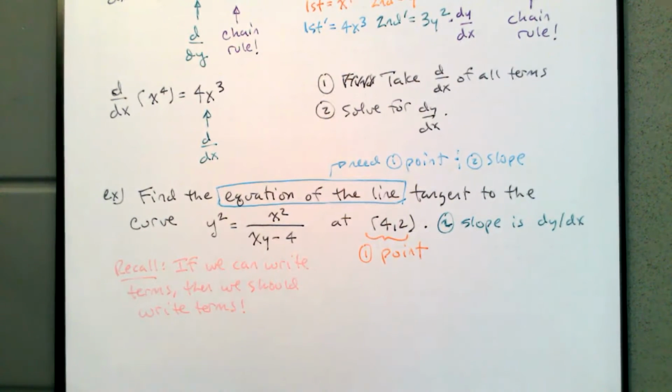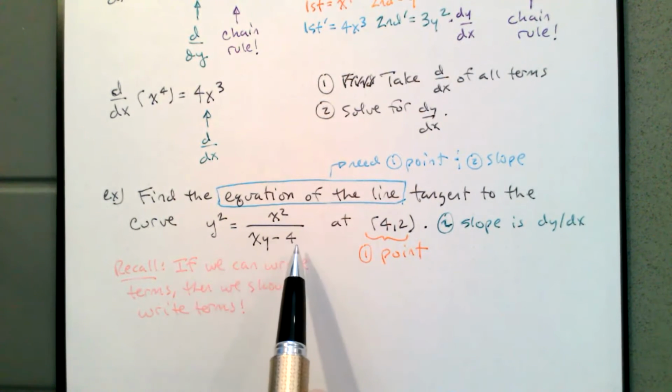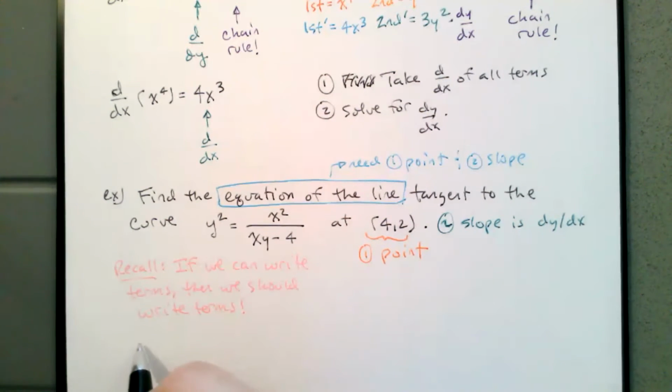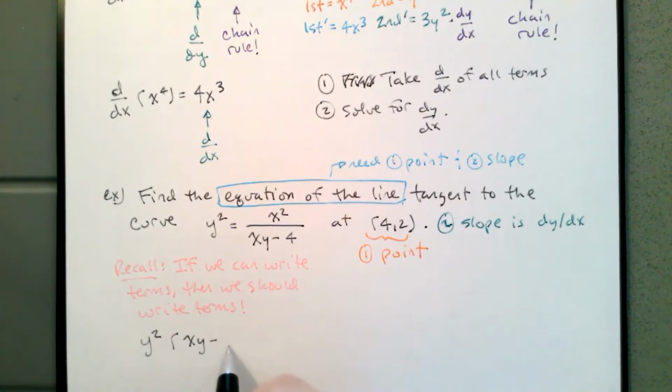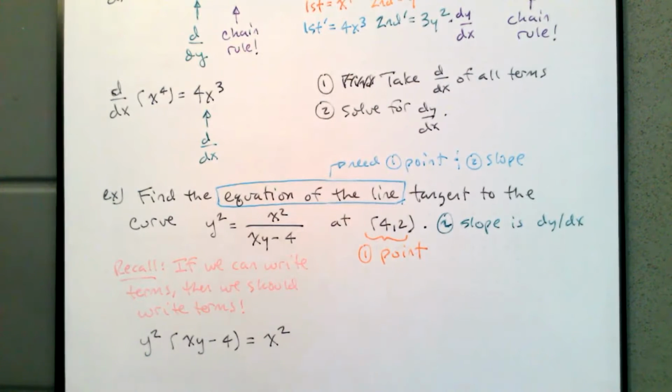This will help us avoid the quotient rule. So if y squared is x squared over xy minus 4, I'm going to multiply both sides by xy minus 4. So my equation becomes y squared times (xy minus 4) is equal to x squared.